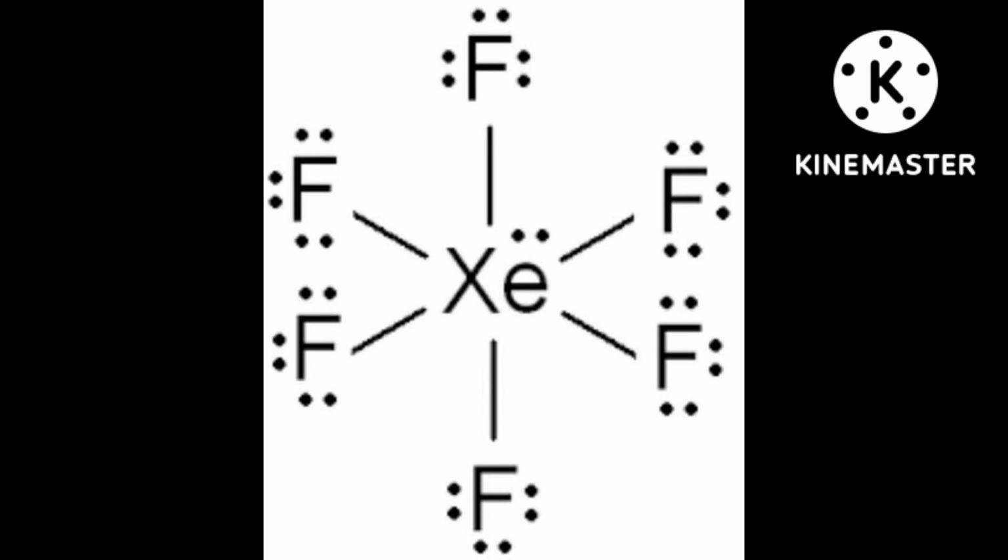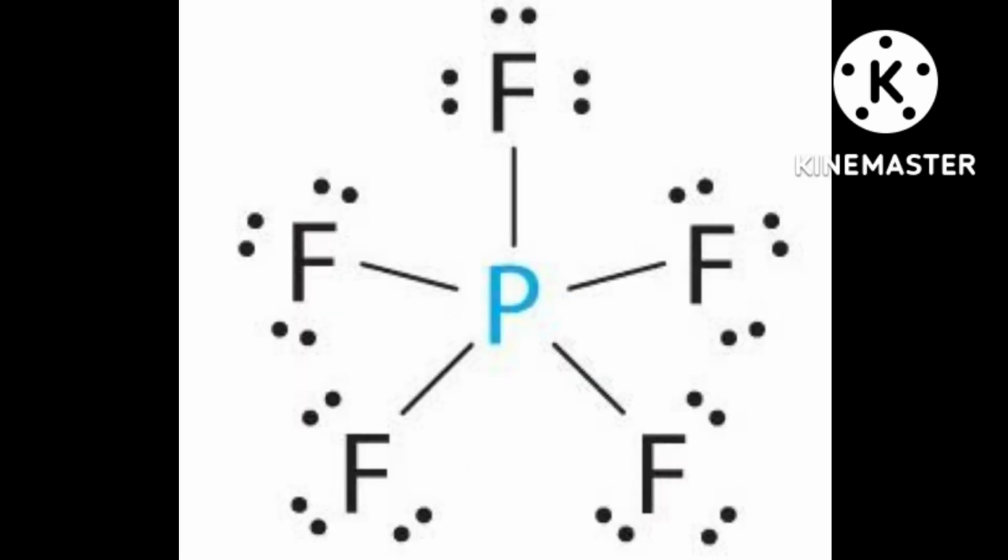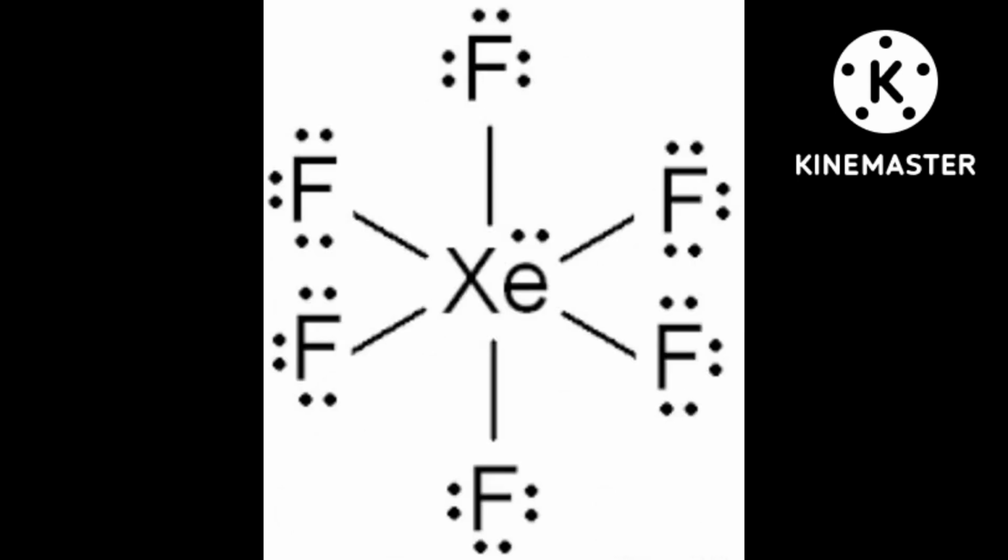Now you can see up and down the octet is completed, no problem. For the oxygen up, the octet is completed because out of 6 electrons, 2 they have donated to make the double bond. Then 4 electrons, 2 pairs, are remaining. Then 4 plus 4, 8. Down also the same thing.